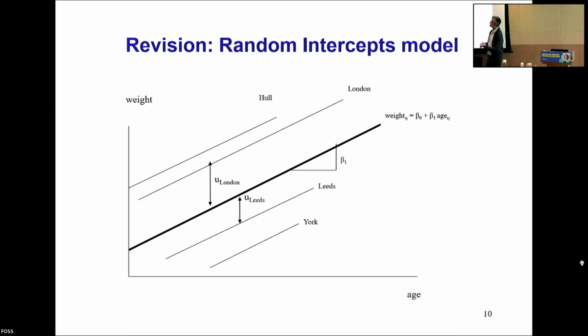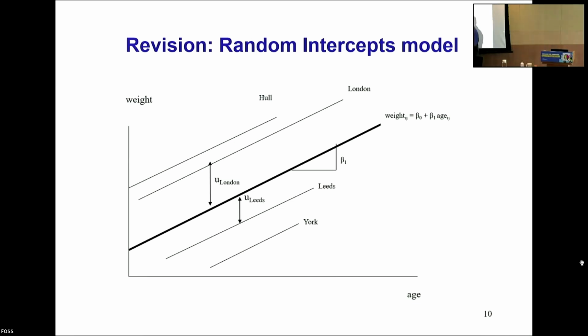So this is the most common type of multi-level model. In fact, most multi-level models just stop here, because they're saying, okay, we're taking into account the fact that there are differences between the groups in the overall y value.